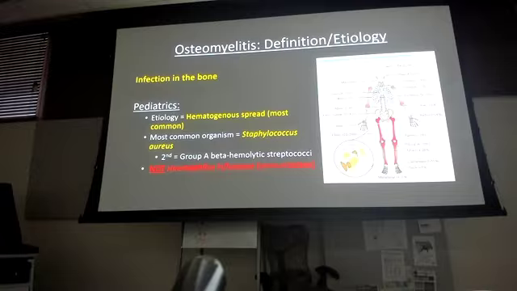So when it comes to pediatrics, and again, pediatrics is underlined underneath it, what is the most common form of seeding, or etiology, for osteomyelitis? Blood, hematogenous, right? Came through the blood, okay? And the most common organism is what? Staph aureus, okay?